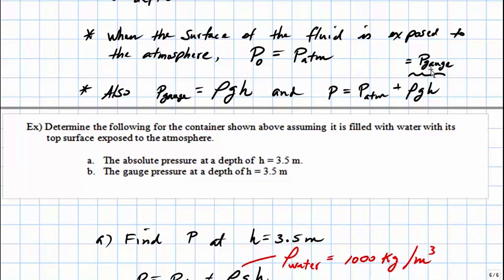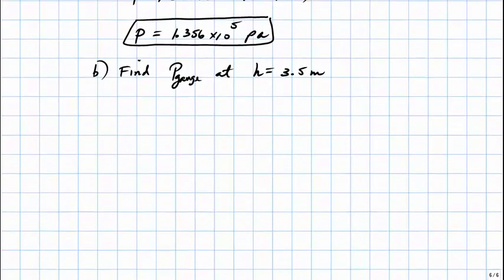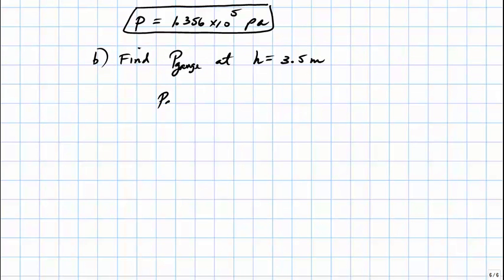P gauge equals rho g H. The density, of course, is 1,000. g equals 9.8, and the depth equals 3.5.